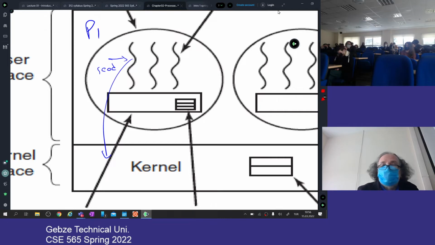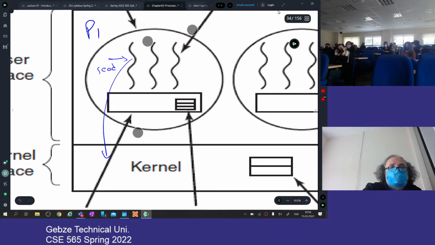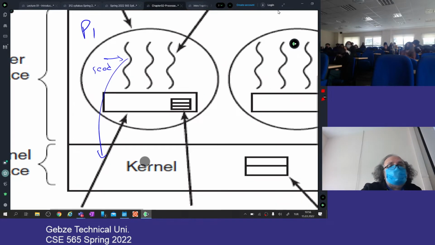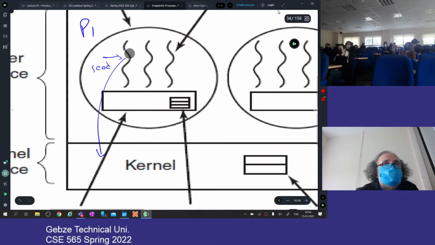So the kernel thinks that process 1 is a single-threaded process, that there is only one execution. So the kernel blocks the whole process and makes you wait until the data is ready. When the data is ready, it unblocks you. But only this thread should be blocked, not the other 2. But the kernel doesn't know about them, right?